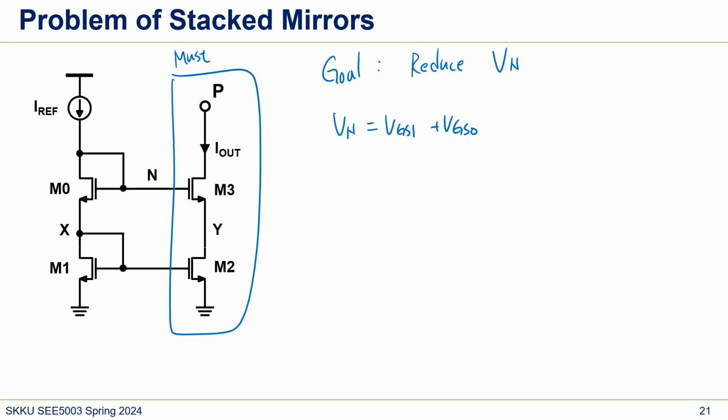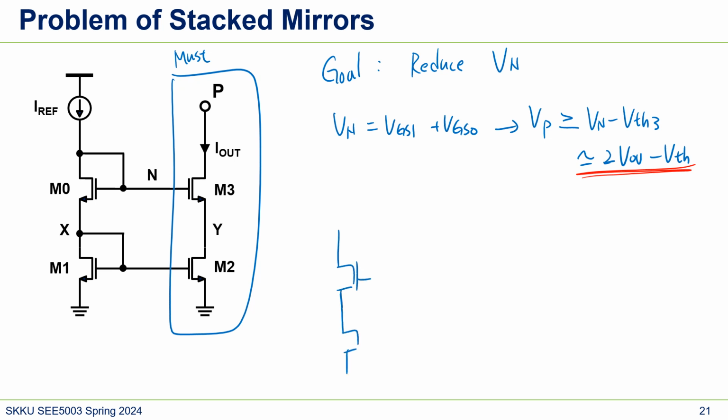So because of this, Vp should be larger than Vn minus VTH3, which is around 2 VOV minus VTH. Okay, so this is our condition, our current status. But let's see the circuit again.